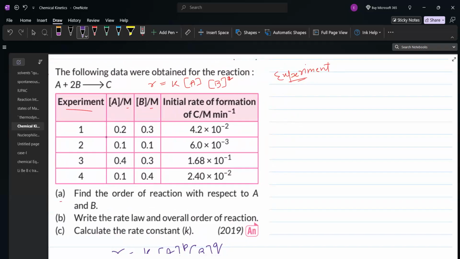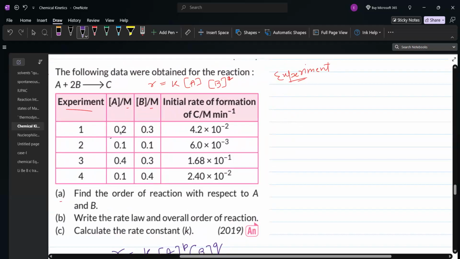First, kindly identify that we have concentration of A as 0.2, 0.1, 0.4, 0.1, and B concentration 0.3, 0.1, 0.3, 0.4. Okay.